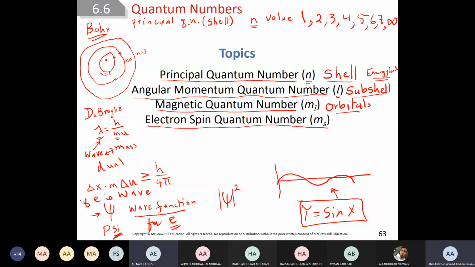It gives the probability of finding electrons, or the density of electrons. Density and probability of finding the certain density of electron intensity. Good. Is this clear so far?